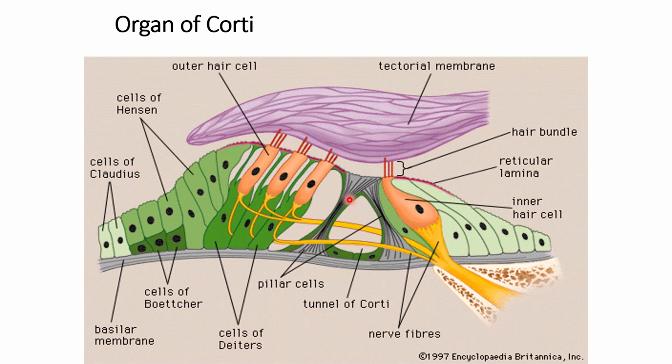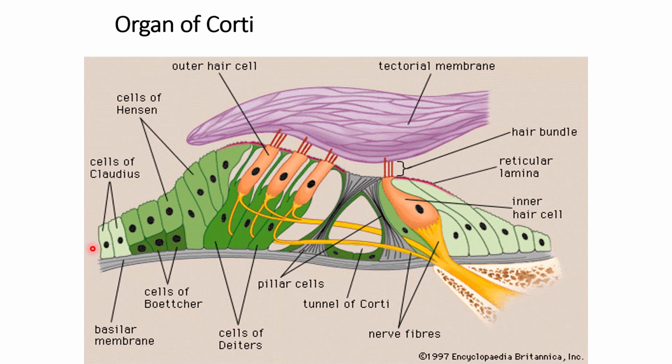Okay, and from the outer and inner hair cells, these are the principal cells, and these nerve fibers are carried towards the cochlear part of the vestibulocochlear nerve for the formation of a nerve. And these hair cells have projections which touch the tectorial membrane overlying this organ of Corti.